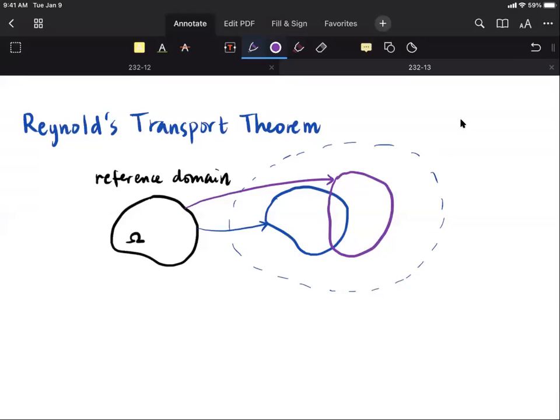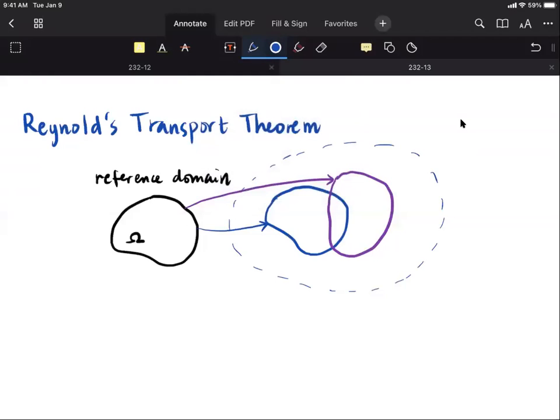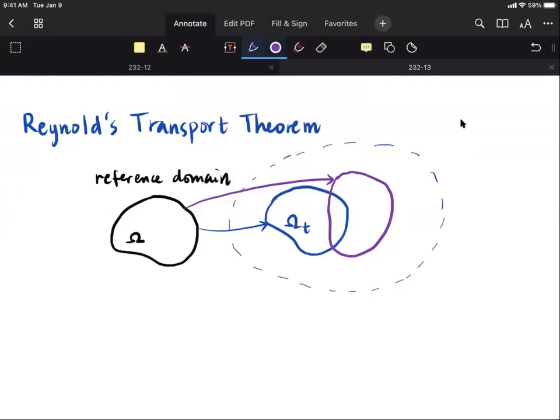To illustrate the Reynolds transport theorem, consider a domain omega, and think of this as your reference domain. And this is transported after some time t. So let's say this is omega t.